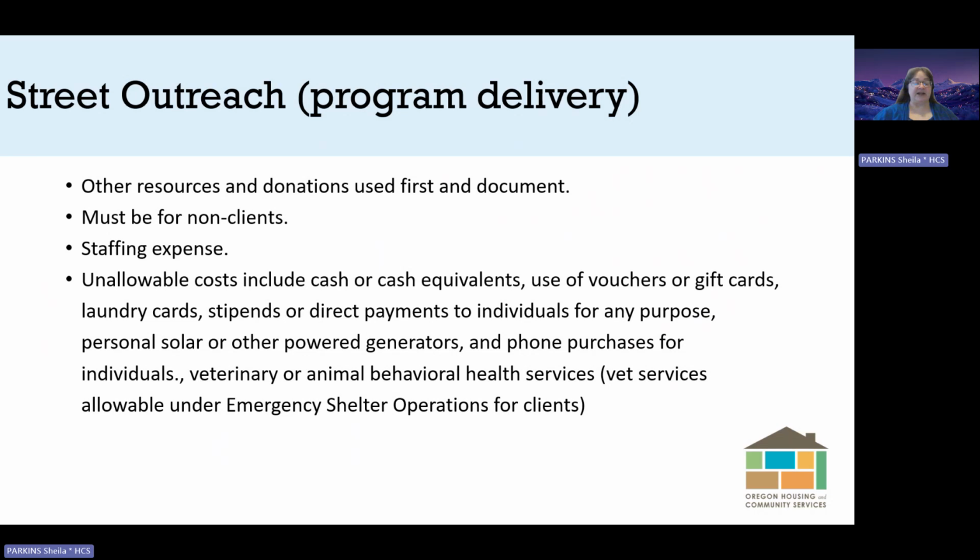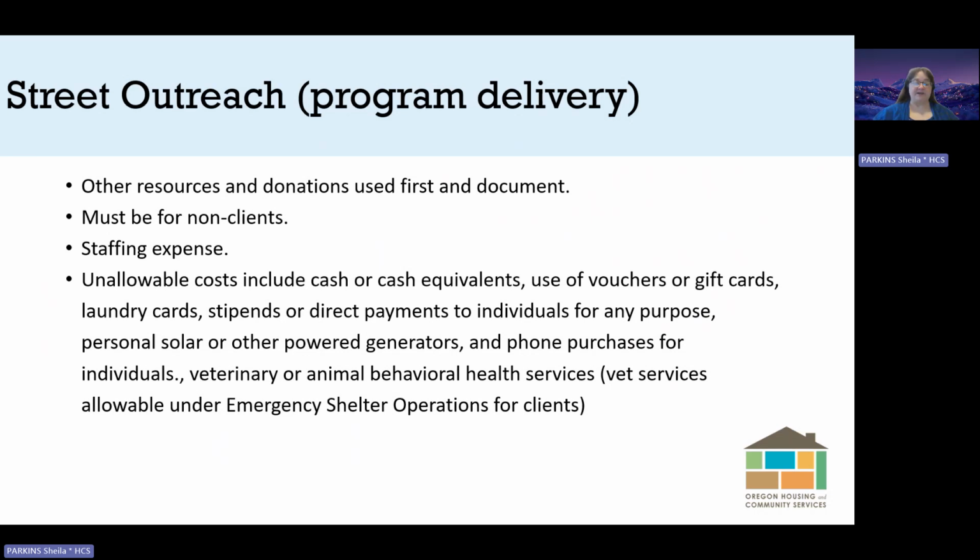When an organization has an OHCS approved gift card policy, such use of gift cards can only be used for the benefit of clients, and street outreach services are only available to non-clients in order to build rapport and bring them in and make them clients. So gift cards or cash equivalents are unallowable in street outreach.